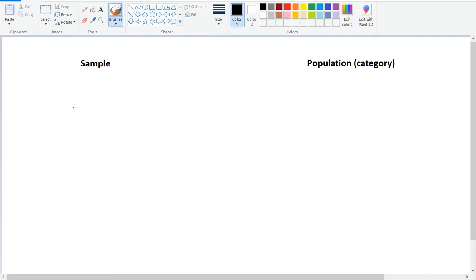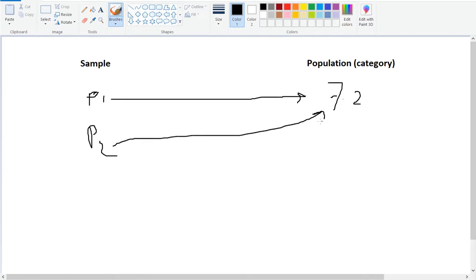So person 1 and person 2, we're comparing each of their erythrocytes to the population, or the category of dudes with 7.2 micrometers erythrocytes. So we're comparing person 1's erythrocytes to 7.2, and comparing person 2's erythrocytes to 7.2. So we're doing a one sample t-test twice. So these are 2 separate tests.